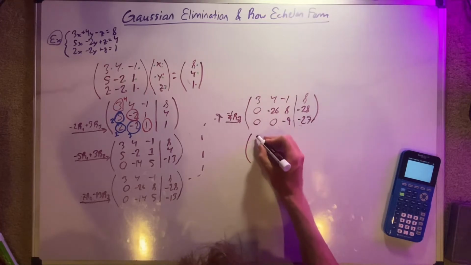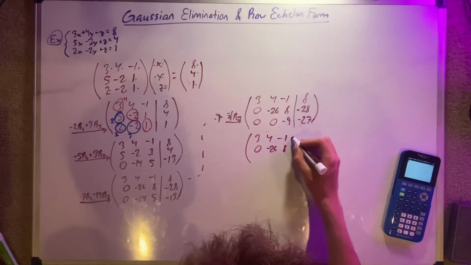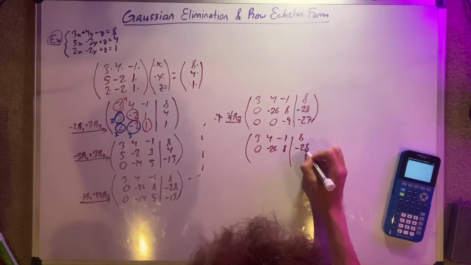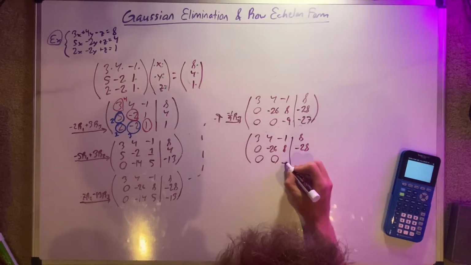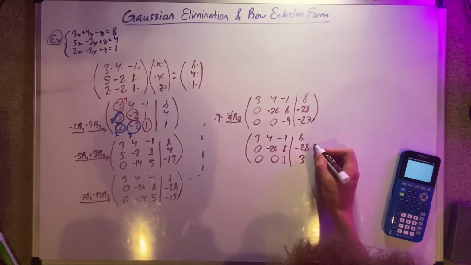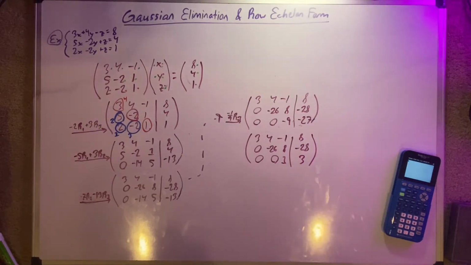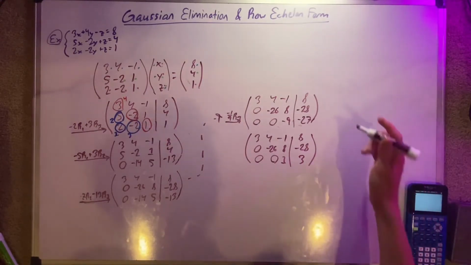So then instead we would have 3, 4, -1, 0, -26, 8, 8, -28, and if I hit it with a -1/9, we have 0, 0, 1, and then this one is 3. So if we were then to play the thing that we did over here, we could then put this all back into our system form.